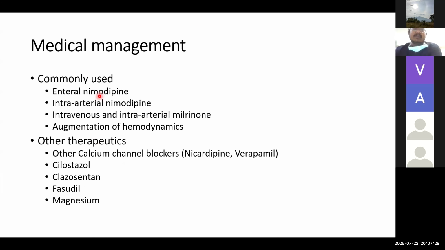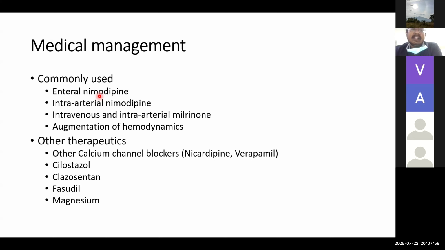And when vasospasm happens, usually we go ahead with medical management initially. That medical management includes enteral nimodipine, both as prophylaxis as well as treatment of vasospasm. We go ahead with intraarterial nimodipine or calcium channel blockers, especially if we have moderate to severe vasospasm threatening any ischemia or infarcts.